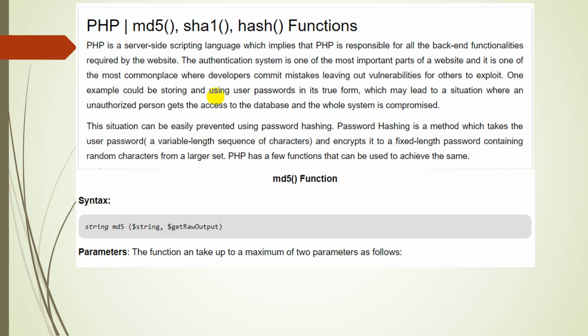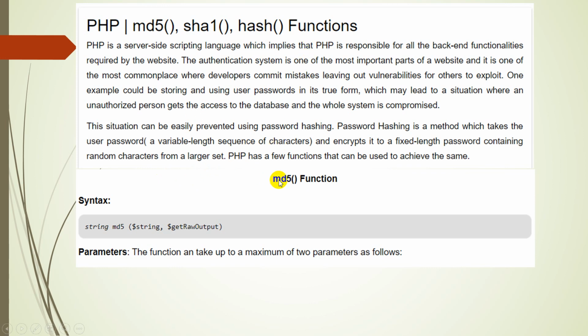The authentication system is one of the most important parts of a website and one of the most complex, where developers make mistakes that leave vulnerabilities for others to exploit. One example is storing and using user passwords in plain form. This situation can be easily prevented using password hashing, a method which takes the user password.